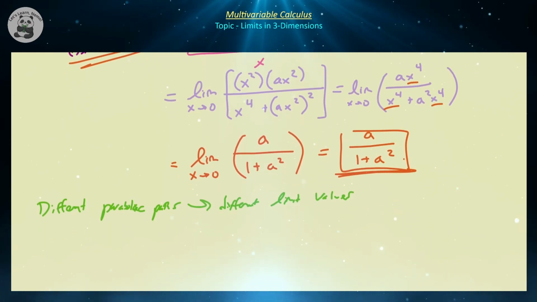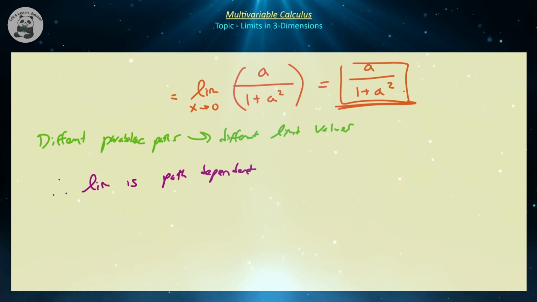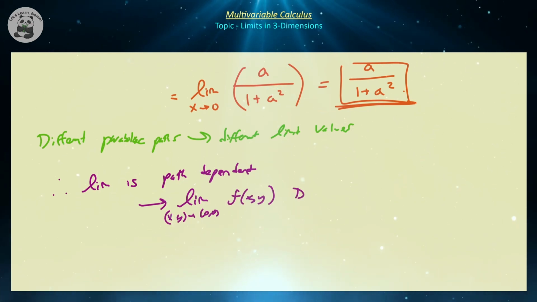That means we can conclude that the limit is path dependent, and since it's path dependent, the limit as (x, y) approaches (0, 0) of this function does not exist, at least not in a unique manner.